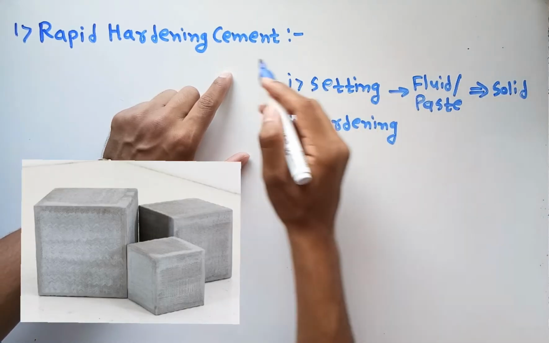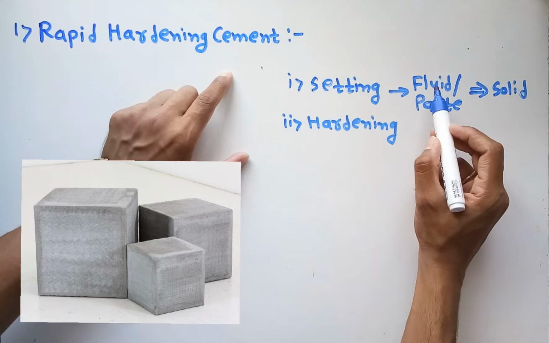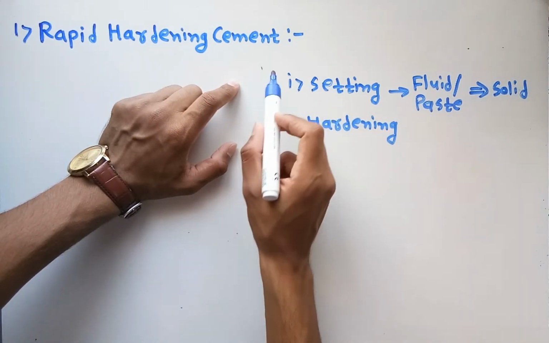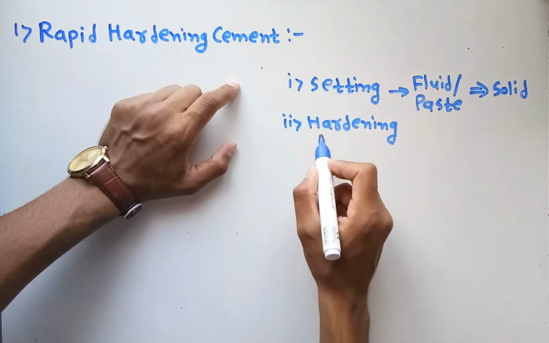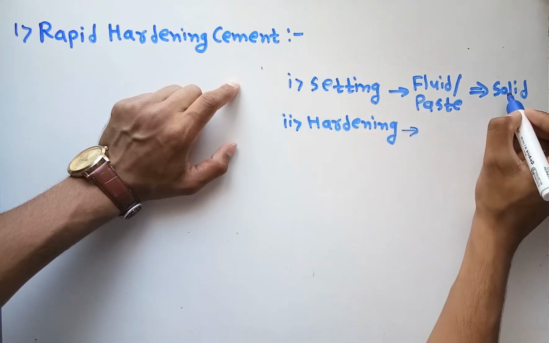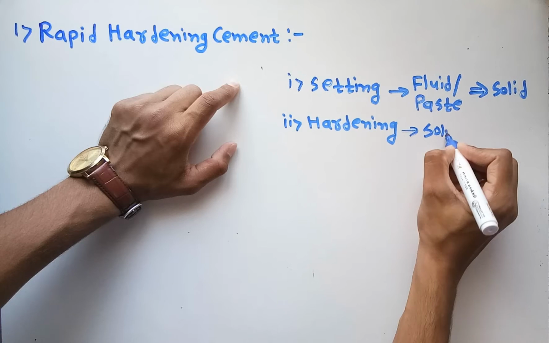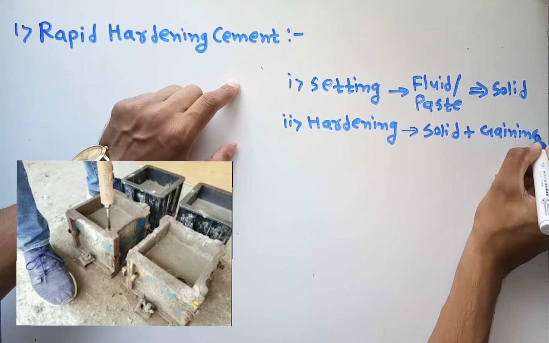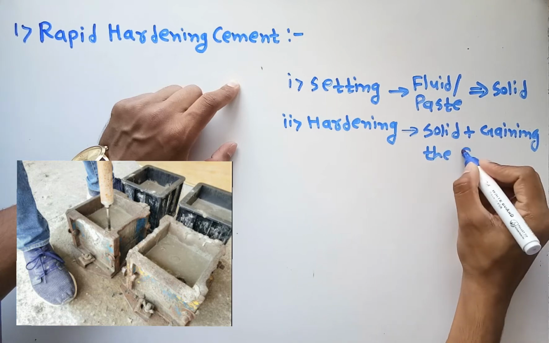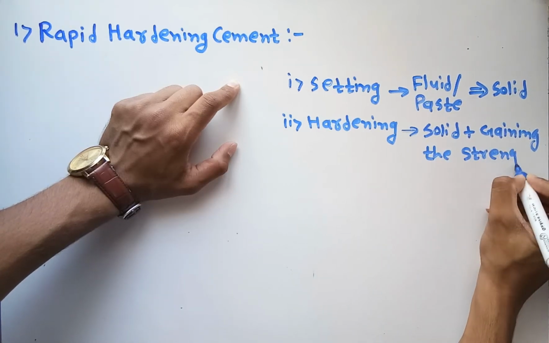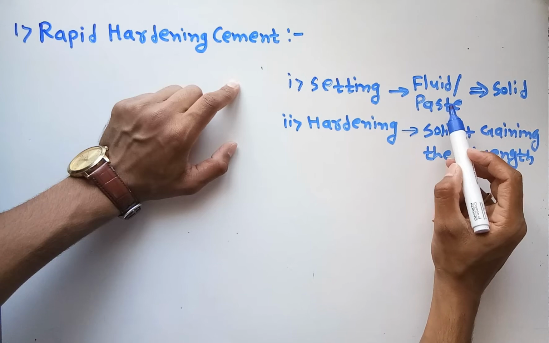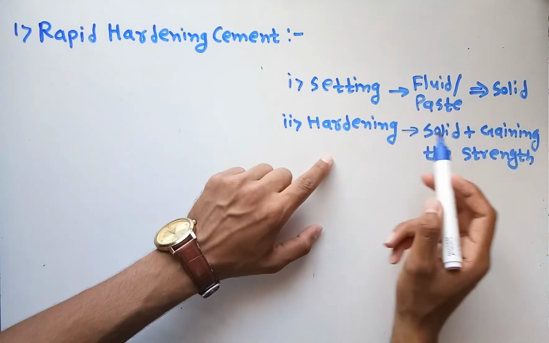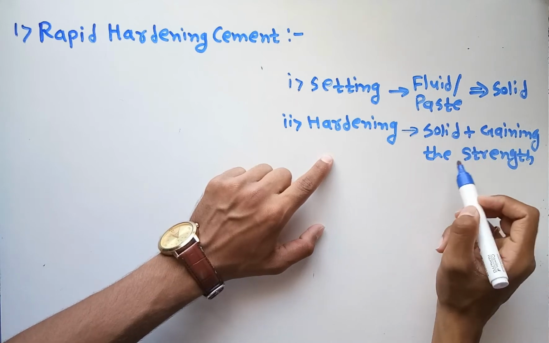So whatever our cement paste is in the fluid or paste state, when it gets converted into the solid, we term it as the setting of cement. And in the hardening, the solid paste we have got starts gaining strength. So in the setting, it simply changes from the fluid or paste to the solid state, and in the hardening, along with the solid state, it starts gaining its strength.